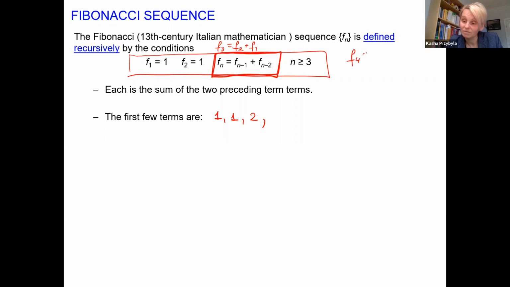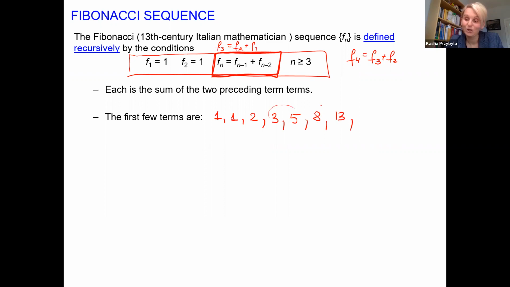If this is f sub 4, it will be f sub 3 and f sub 2. That means 1 plus 1 is 2. Then 1 plus 2, adding these two, is 3. 2 plus 3, who can type for me? 2 plus 3, thank you, is 5. 3 plus 5 is 8, and maybe a few more. 5 plus 8 is 13.